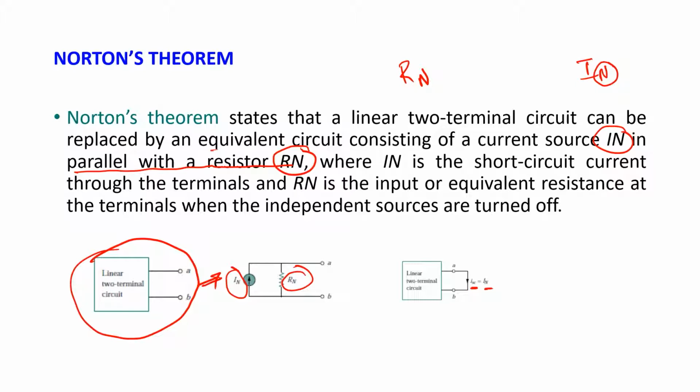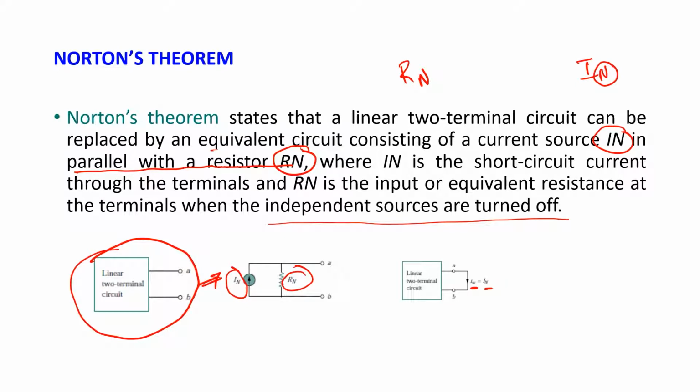So what is RN? RN is the input or equivalent resistance at the terminals when the independent sources are turned off. Same as in Thevenin's theorem, when you find RN you just turn off all the independent sources.